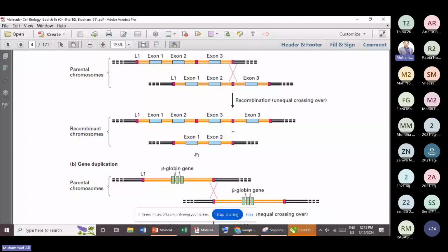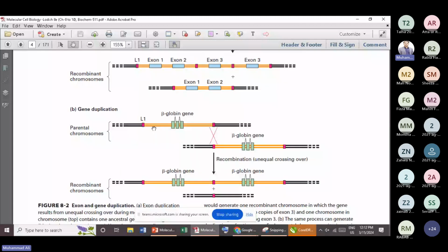And gene duplication, how the genes are duplicated: these are the parental chromosomes. For example, the beta globin gene is here. Maybe it contains 3 exons shown by the green blocks. And by homologous recombination, one of the chromosomes is getting the beta globin gene, another is losing the beta globin gene.